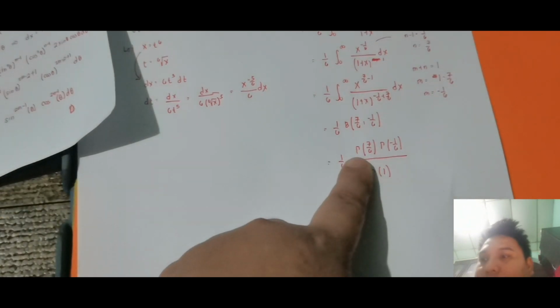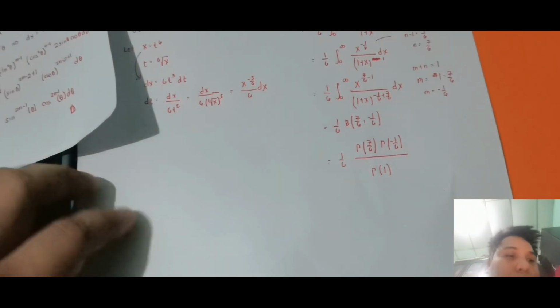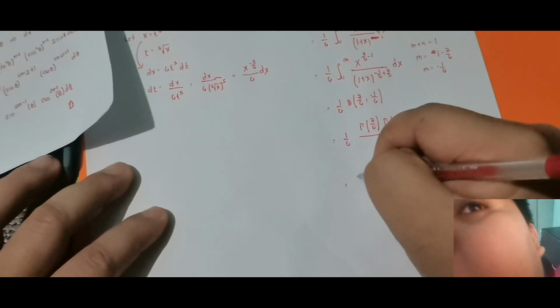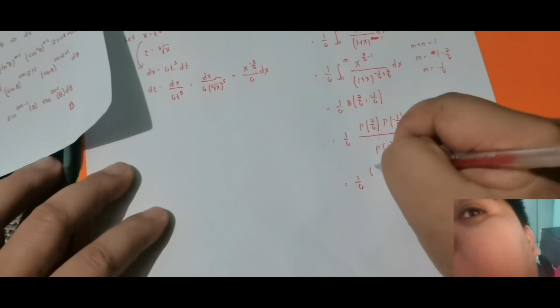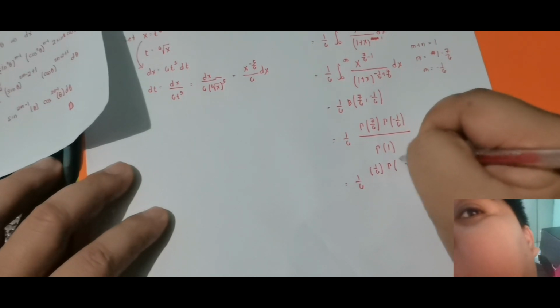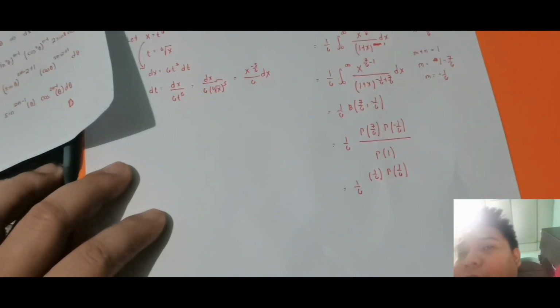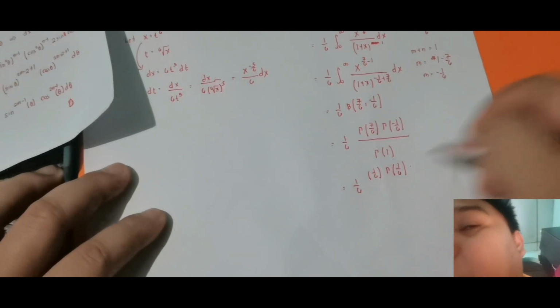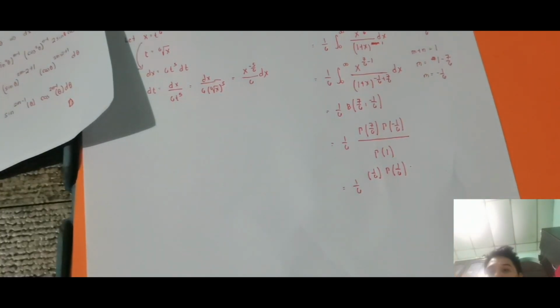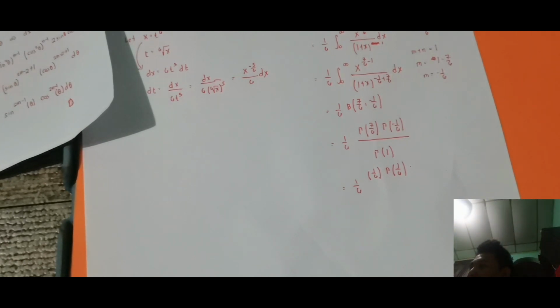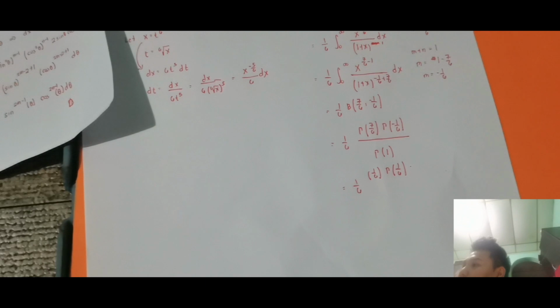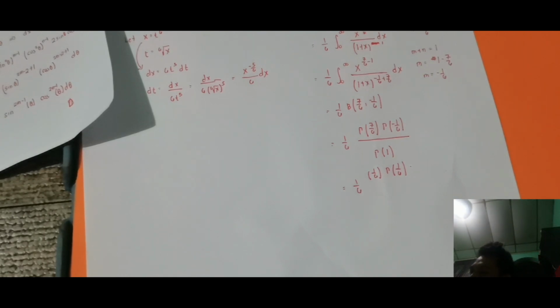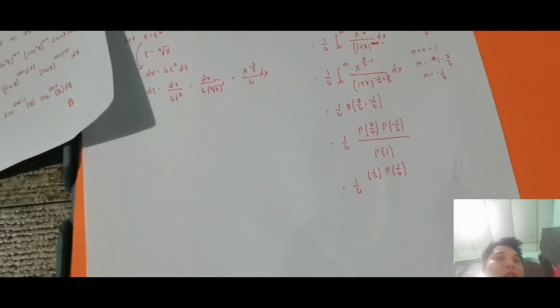So 1 over 6 na to kanina minus 1, so mangyari this is just equal lang sa 1 over 6, tapos may multiply dito na 1 over 6, tapos kailangan natin kunin yung gamma ng 1 over 6. Tapos pagdating naman dito kailangan natin gawin dito sa gamma ng negative 1 over 6. Ito yung may negative sa ilalim. Since negative siya, check ko lang kung anong gagawin natin. Paano ba yung gamma ng negative 1 over 6?